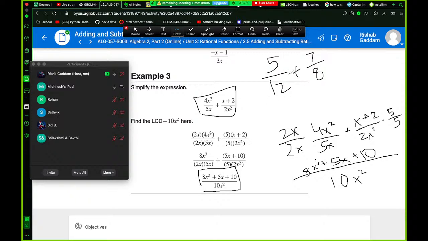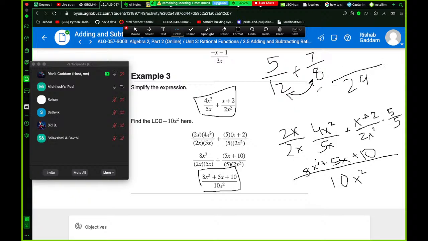The first thing we do to add these two is find the least common denominator, right? For this one, the least common denominator is, well, let's see. That's 24. I totally knew that off the top of my head. Okay, so that's 24. Thanks for telling me. My brain froze for a second.